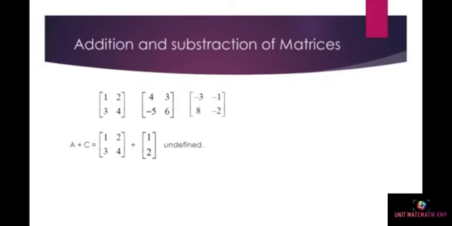A minus B, matrix A minus matrix B. So we get the answer negative 3, negative 1, 8, negative 2. We cannot add matrix A and matrix C because they are different in order, so it is undefined.